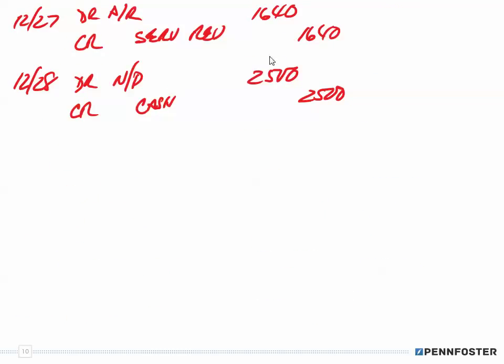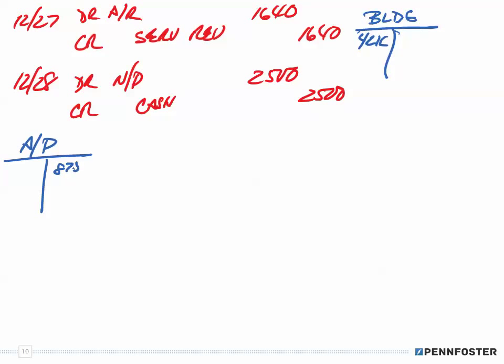And then I had a building account, and that balance was $42,000. And then I had an accounts payable account, and that was a credit for $875.